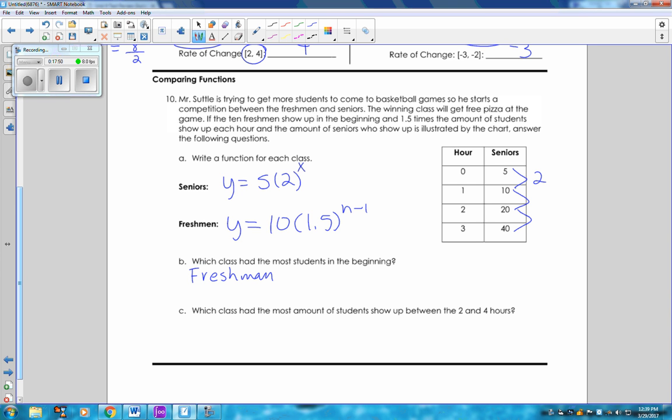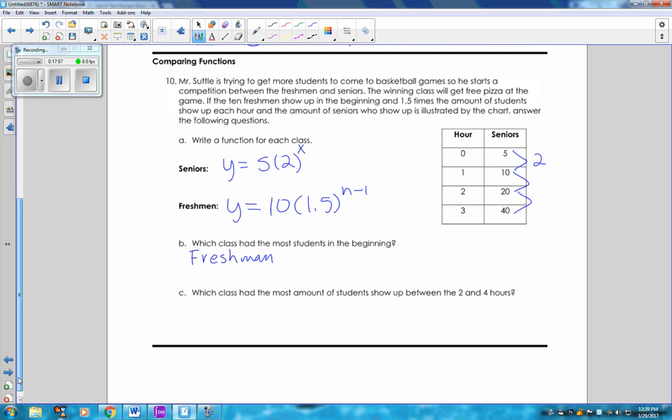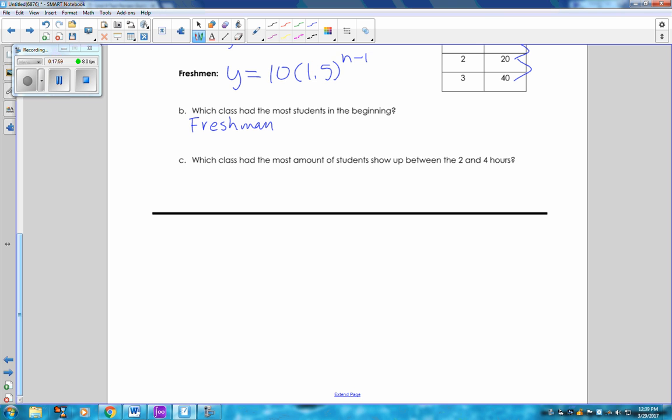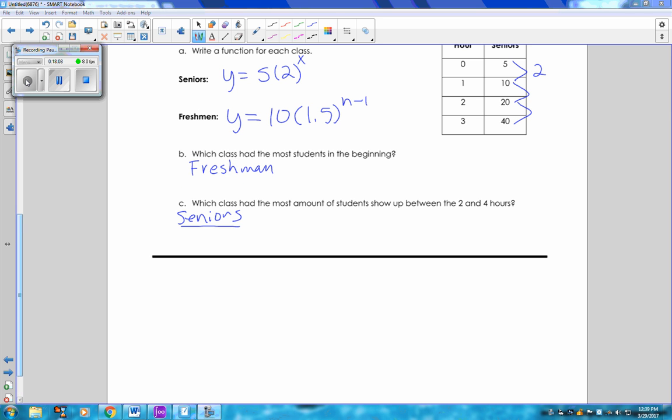Which class had the most amount of students show up between 2 and 4 hours? Okay, let me start with the seniors so I can look at the table. This is asking us for the average rate of change between 2 and 4.